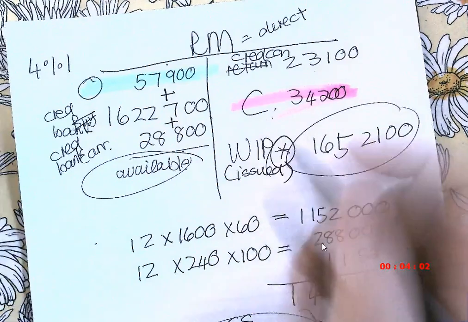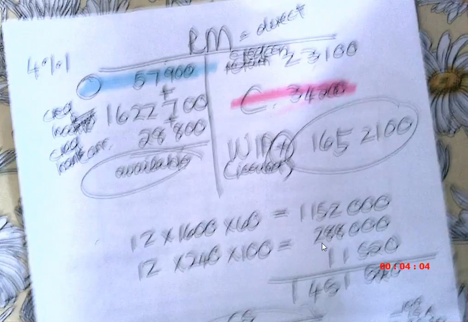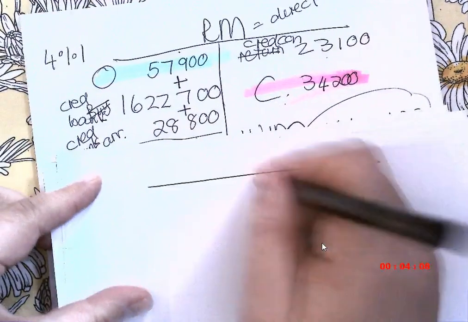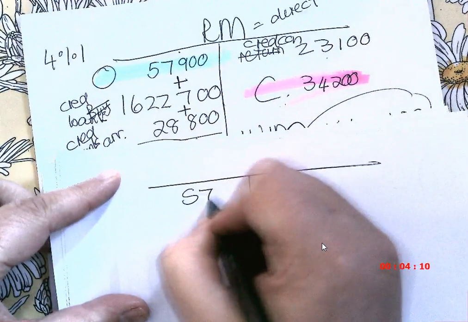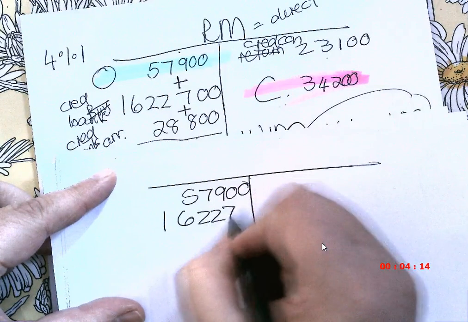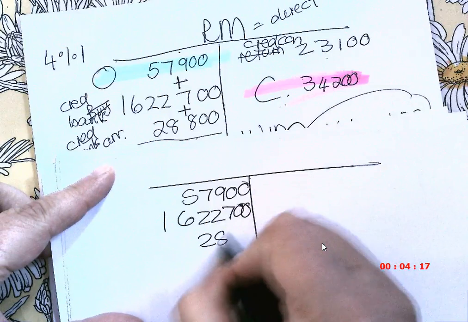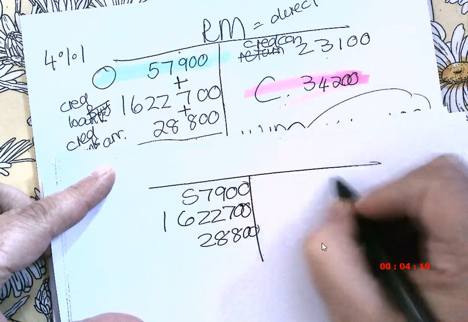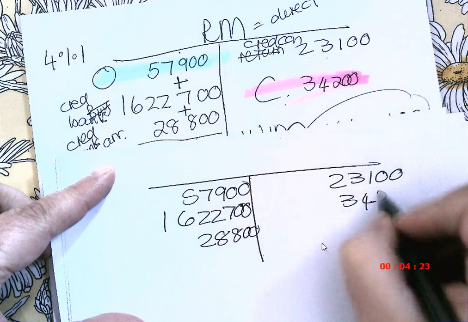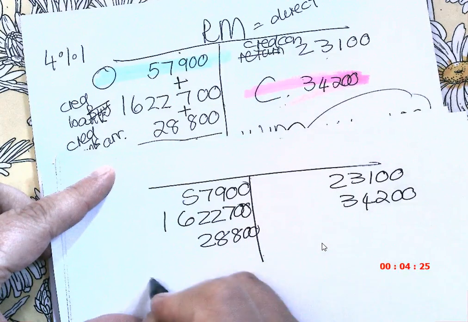So now, what do I literally have? When I go back to my T account, né? What do I have? I have the 57.9, the 162, 2700, the 28.8, the 23.1, and the 34.2. Now, what do I know about balancing?